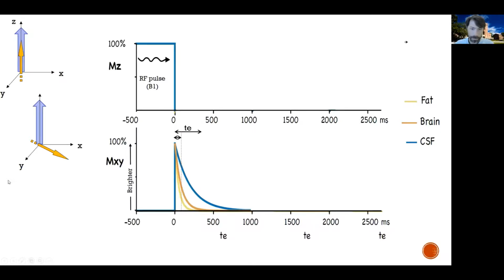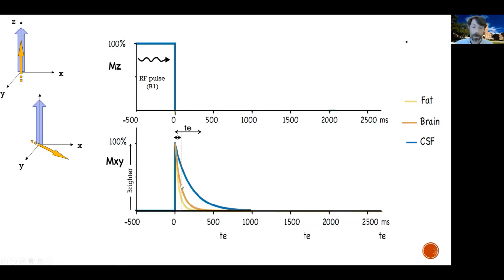Well, let's see. CSF would be pretty bright, right? At this point in time, the protons in CSF have dephased a little bit, but many of them are still in phase, which means that the signal would be pretty strong. In terms of images, it means that the little voxels inside CSF would probably be pretty bright.